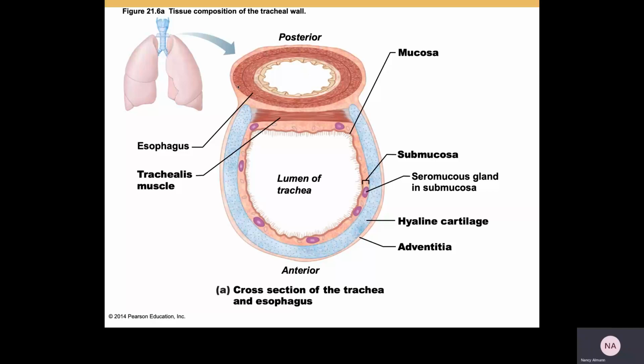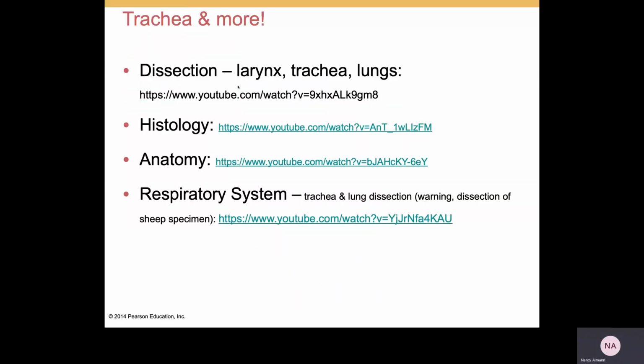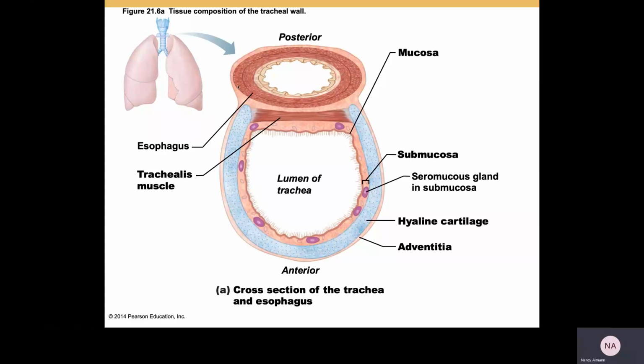If you take a super big bite of an apple or food or whatever, and you have this giant bolus traveling down your esophagus, the trachealis muscle can actually bow inward to allow that bolus, that food that you've eaten and are swallowing, down through the esophagus without damaging the trachea in any way, shape, or form.